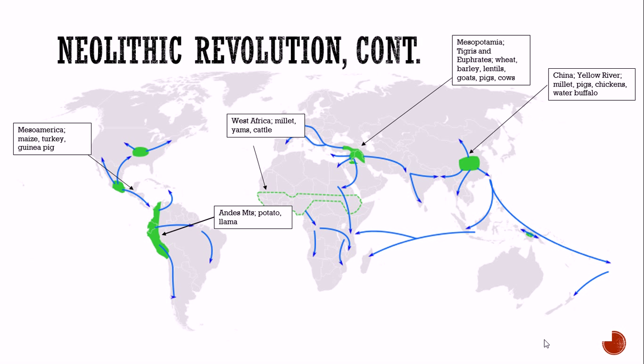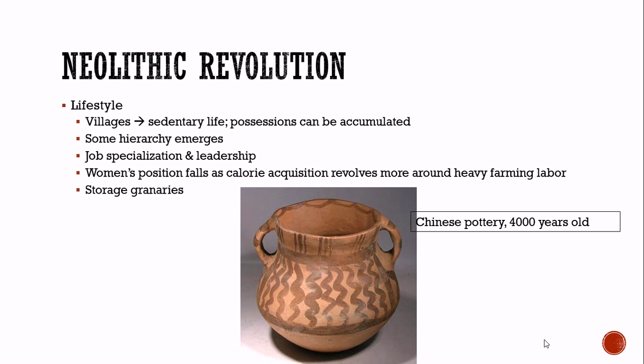So that crop was particularly difficult to domesticate, which is why Mesoamerican civilization gets started at a significantly later date than, for example, Mesopotamian agriculture, which gets started very, very early. All right. The lifestyle of the Neolithic period lasts for several thousand years, and it's focused on villages.